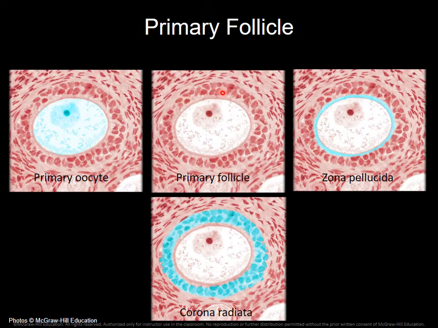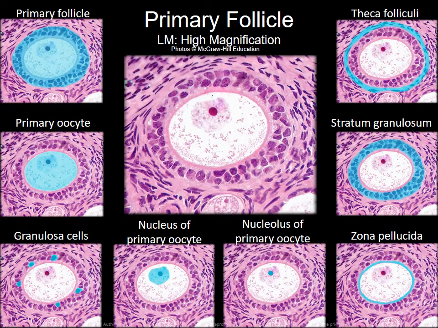So a single to just a couple layers of cuboidal cells is characteristic of a primary follicle. And here we see another view again of primary follicles with their granulosa cells, this time cuboidal and 1 to several layers thick.